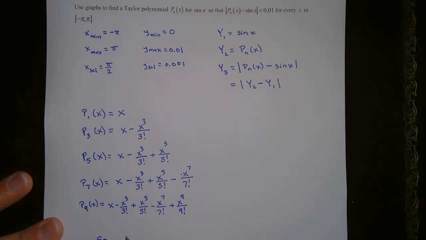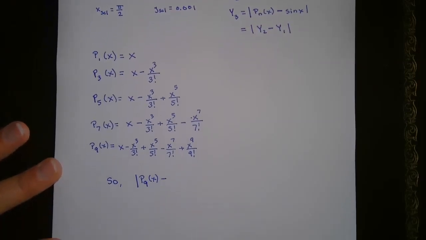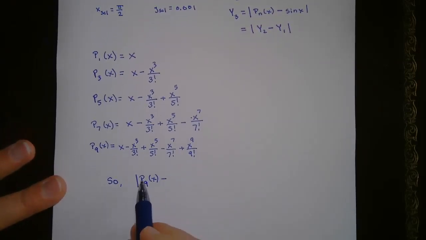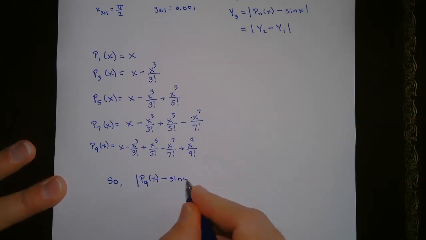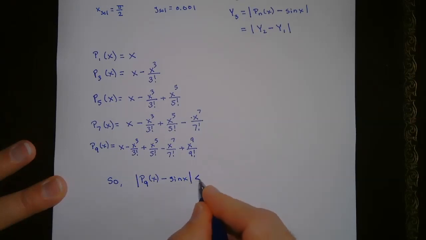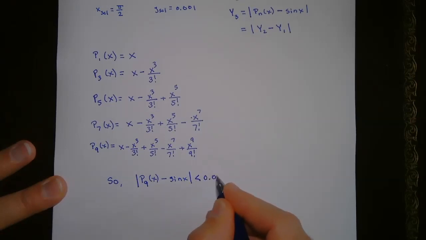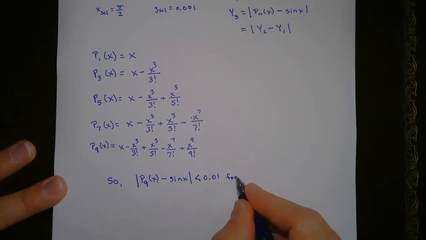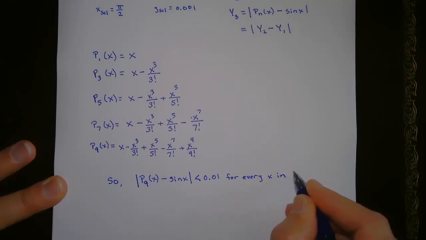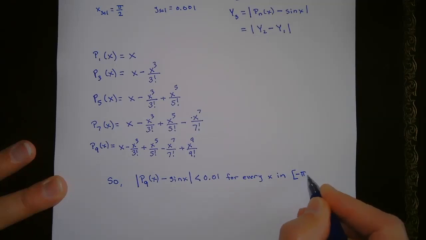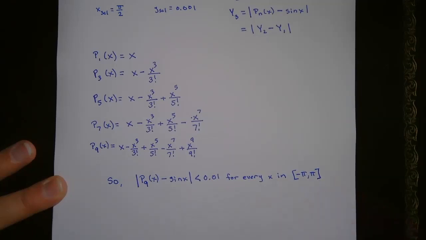All right, we know that, let me slide this up so you can see it, this is what I'm writing. The absolute value of the 9th order Taylor polynomial of x minus sine of x is less than 0.01 for every x in the closed interval negative pi to pi.